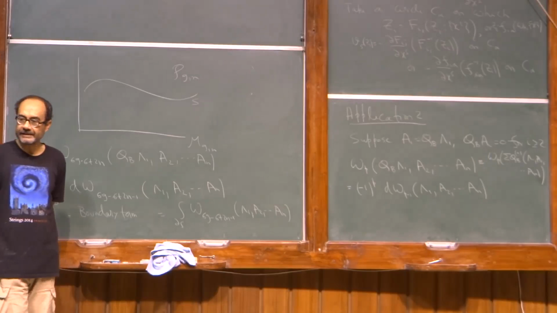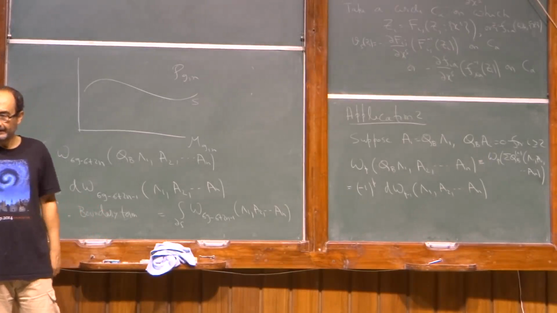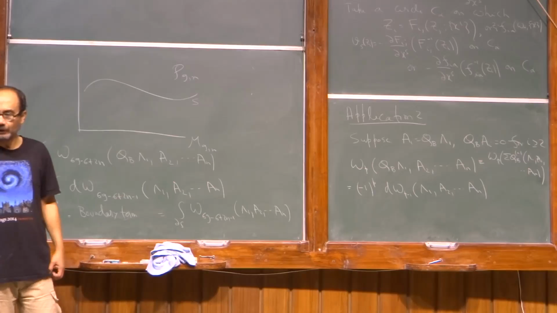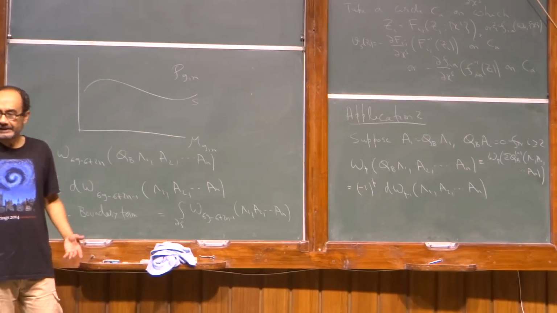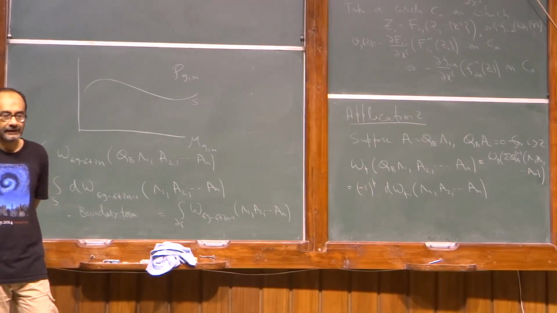If I have time, I'll discuss later a specific example of supersymmetry breaking, where you will see that the naive Ward identities fail, precisely because there are boundary terms which are non-zero. Most cases, the boundary terms vanish, and hence you can conclude that the usual Ward identities hold.